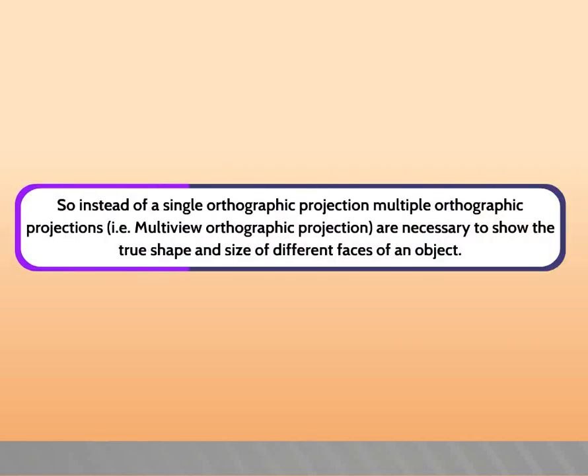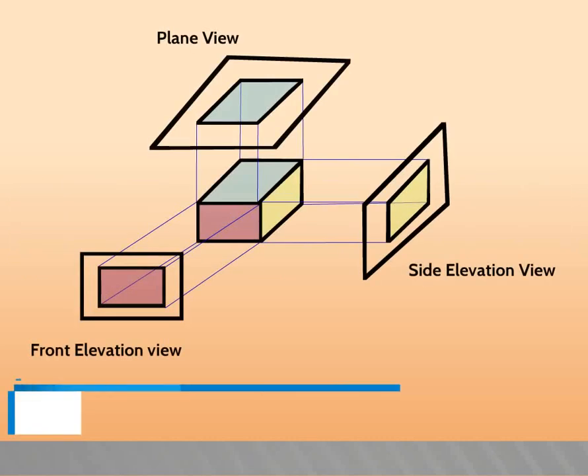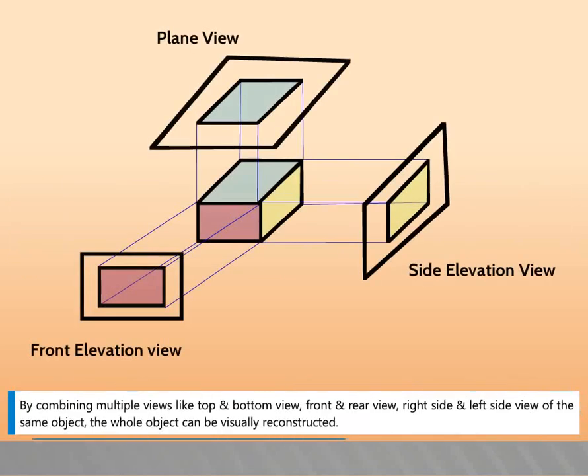So instead of a single orthographic projection, multiple orthographic projections, that is multi-view orthographic projection, are necessary to show the true shape and size of different faces of an object. By combining multiple views like top and bottom view, front and rear view, right side and left side view of the same object, the whole object can be visually reconstructed.